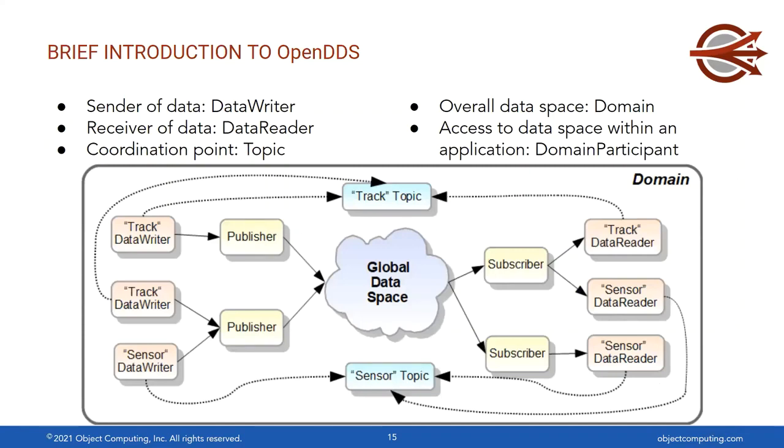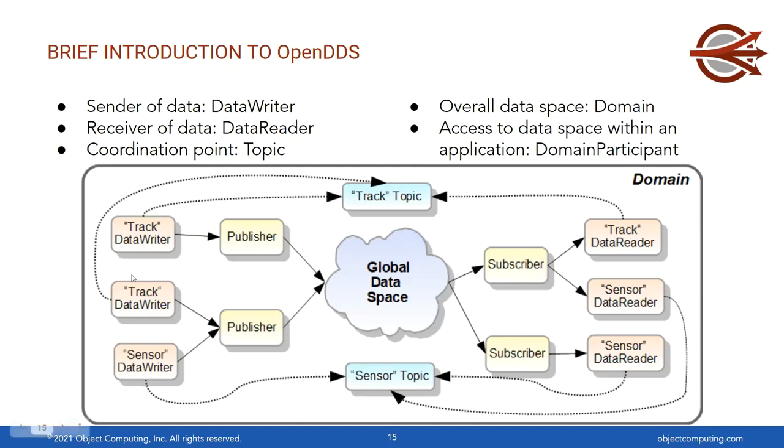So a few other DDS terms that will be important for our discussion today. In this diagram, we see an example system that has two different topics, tracks and sensors, and various readers and writers that interact with those topics. So when we think about the sender of data on an individual topic, that object is called the data writer in the DDS API.